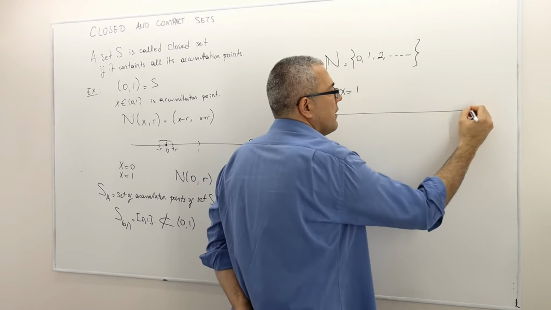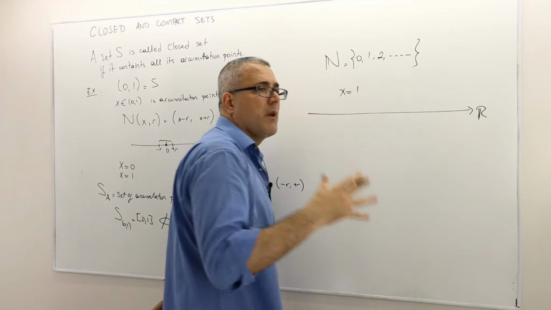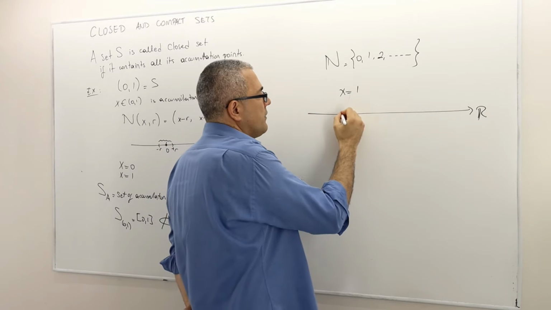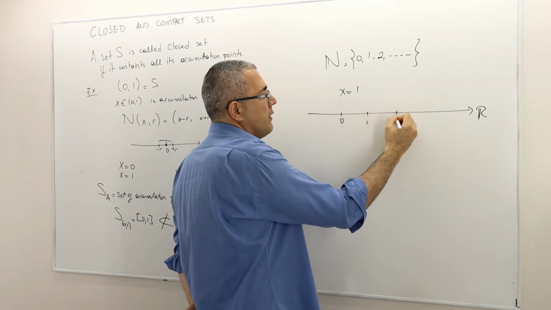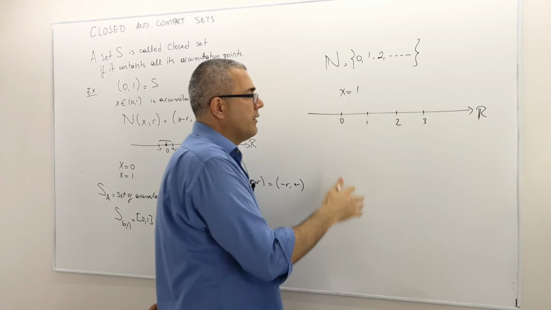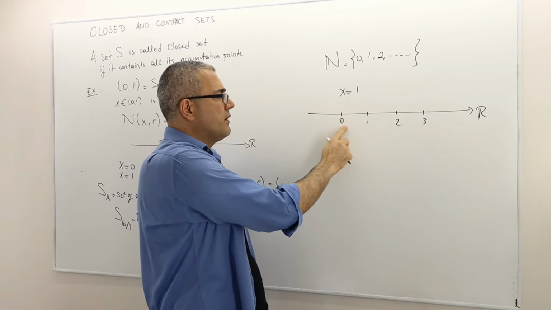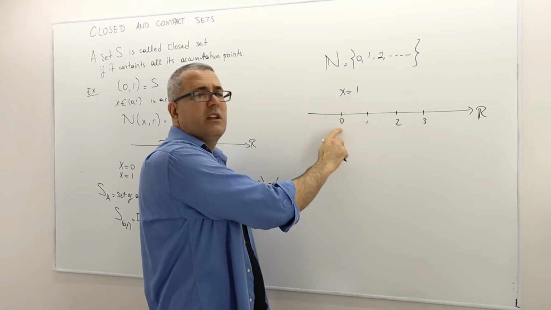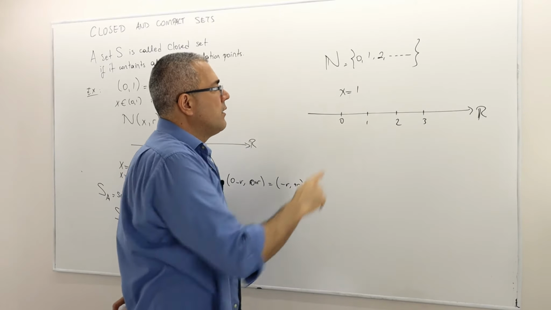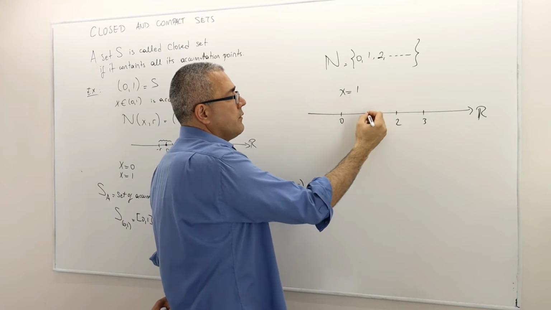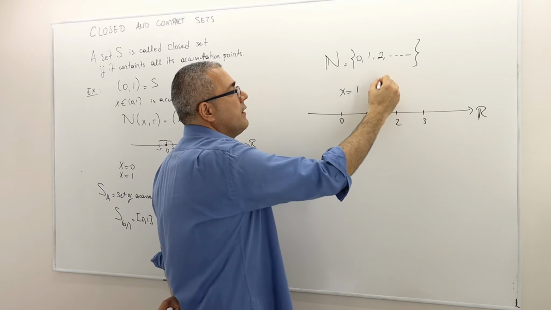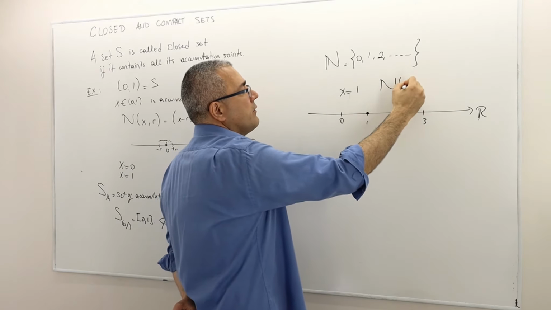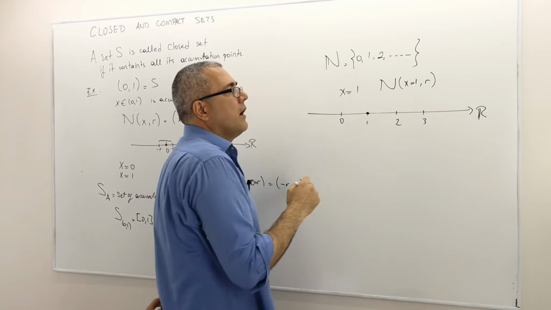Well, again, on my set of reals, this is the mother space. The naturals are like 0, 1, 2, 3, etc. They're distant from one another because I know there are many real numbers in between them. So x is equal to 1, this is my center. Consider a neighborhood around x equals 1 with radius r.